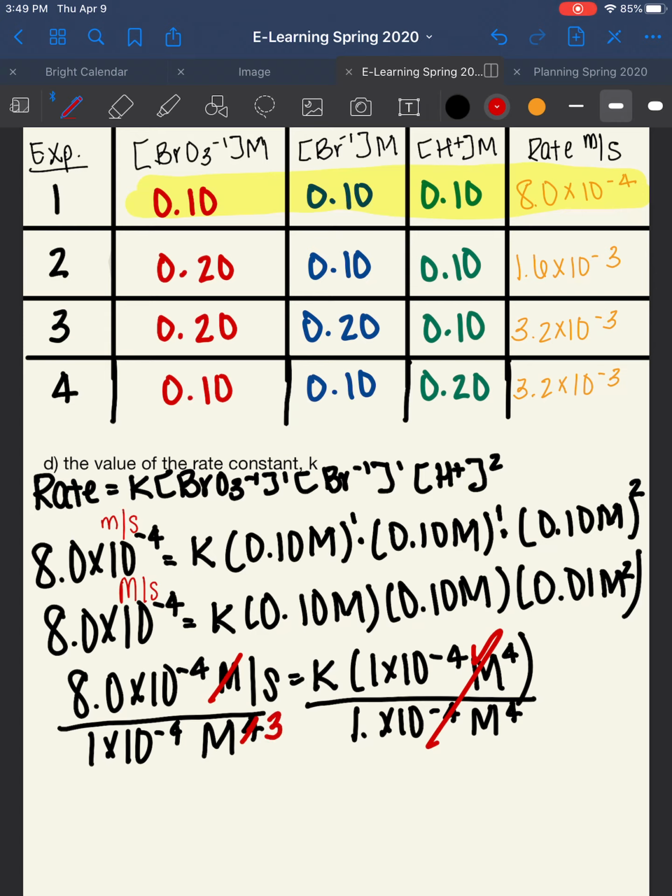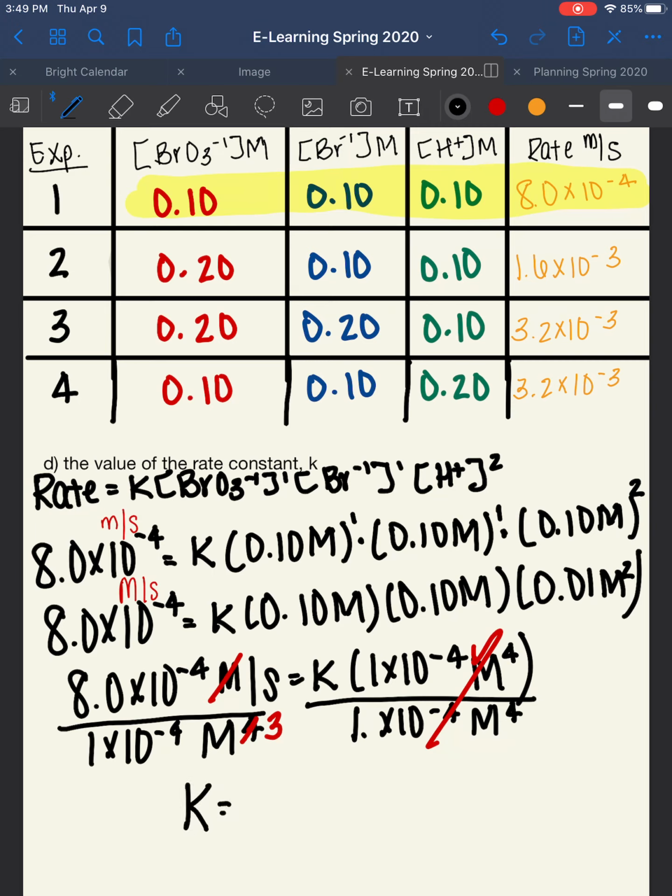Here, the only thing that'll cancel out is one of these, so this will become 3. If I divide those two, 8.0 times 10 to the -4 divided by 8 times 10 to the -4, I will get a rate constant of 8.